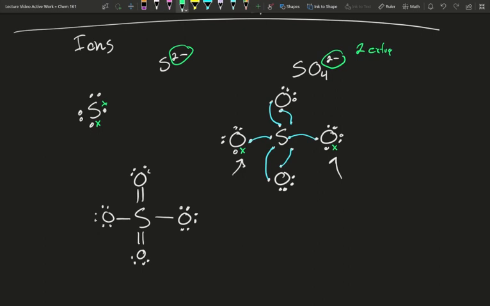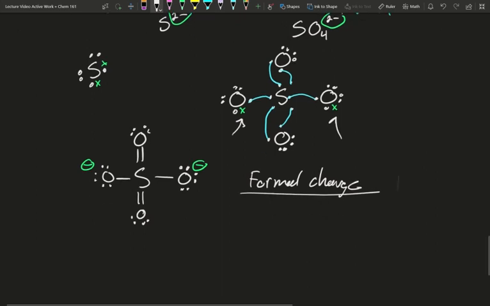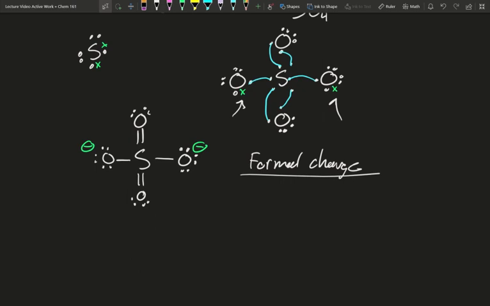Because we put the extra electrons on the oxygens, they are negatively charged. They have extra electrons. How do we know this? Well, we need something called formal charge. Formal charge is just a technique for kind of tracking where you've moved electrons.